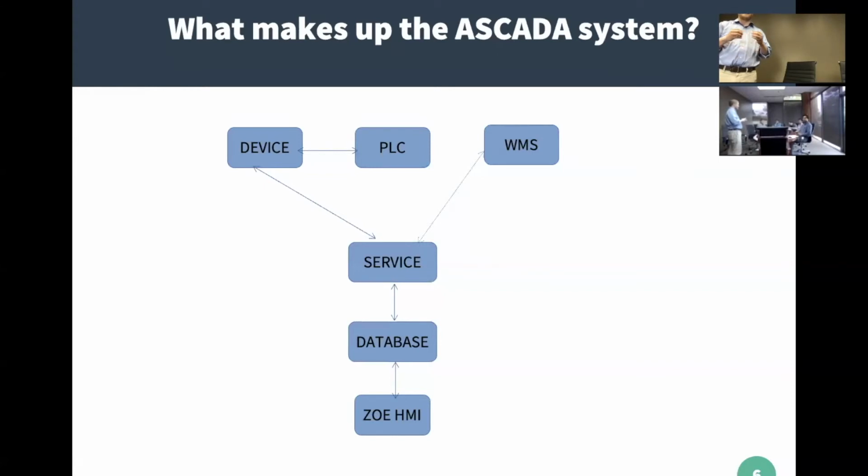It manages things like orders, so what orders are taken by Amazon or by Zulily or whoever, and what address that package needs to be shipped to. All of that is handled by the WMS, and then that information is passed to a service, typically through different means.